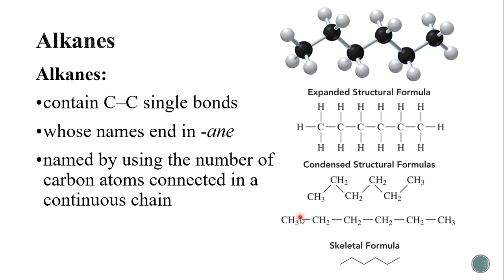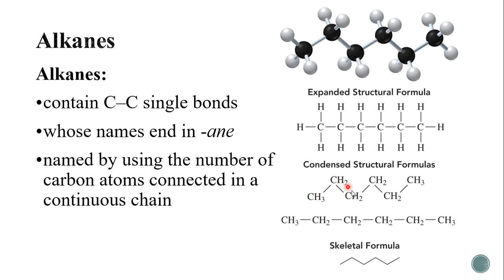So I just wrote CH3, connected it to another carbon. The next carbon in the chain has 2 hydrogens, so that's where this H2 comes from, and it's attached to this carbon and that carbon, so on and so forth. You can start with this structure here and then see how we broke it down into this condensed formula.